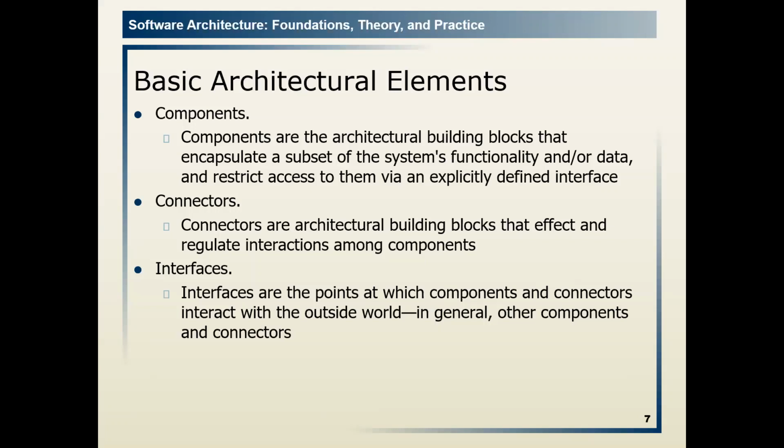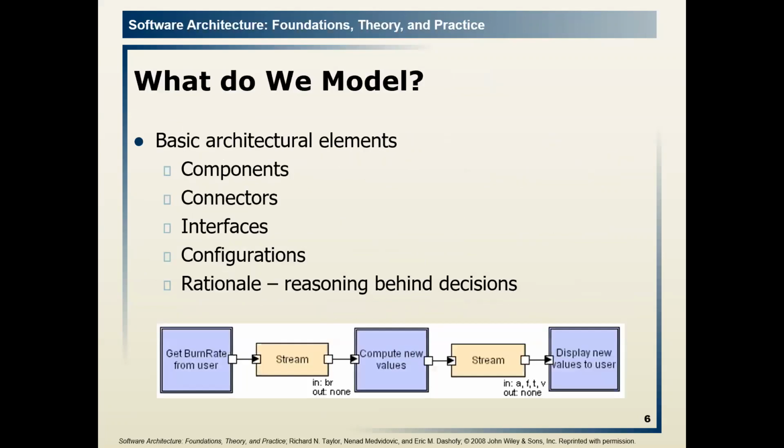Then the interfaces are the points at which components and connectors interact with the outside world. So in general, other components and other connectors interact with a given component or a connector. So in this figure, we had 3 components, 2 connectors, and we had 8 interfaces.